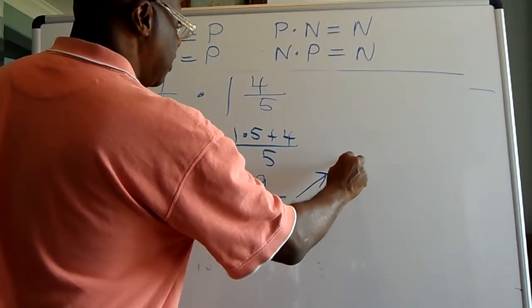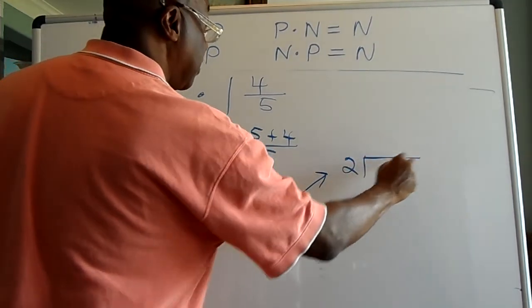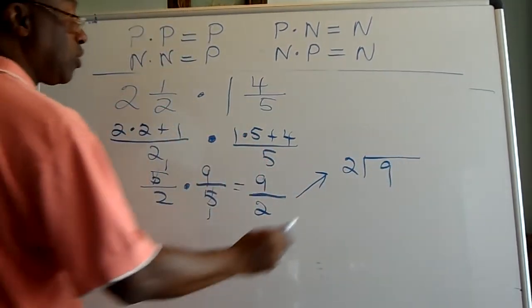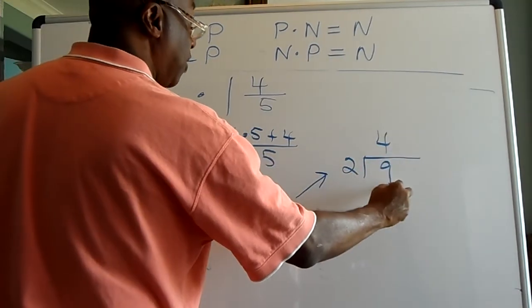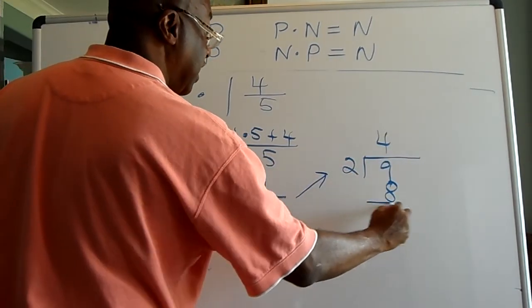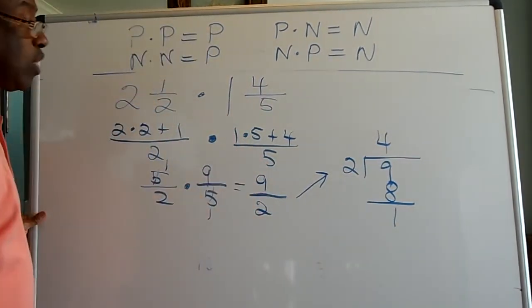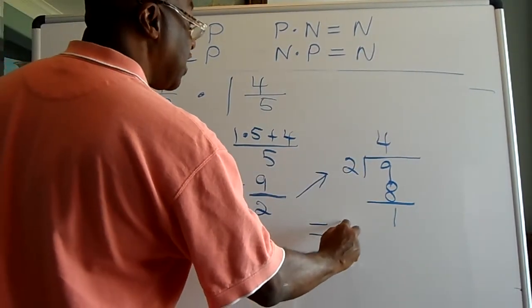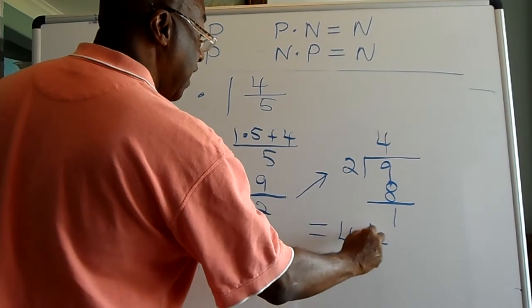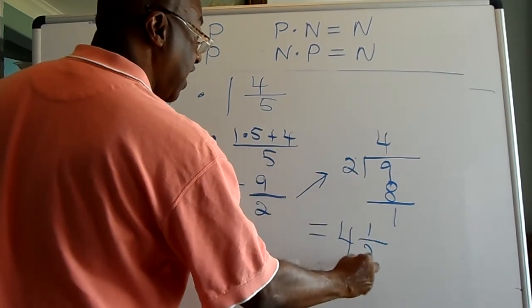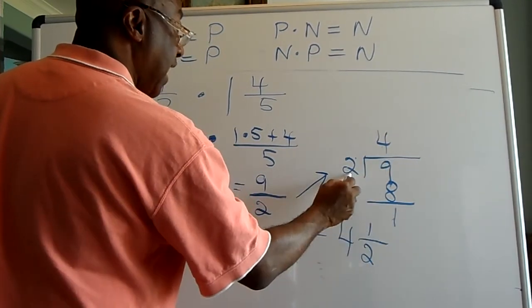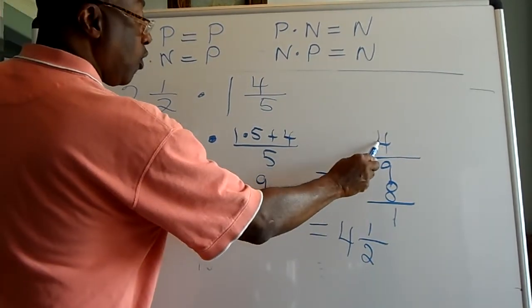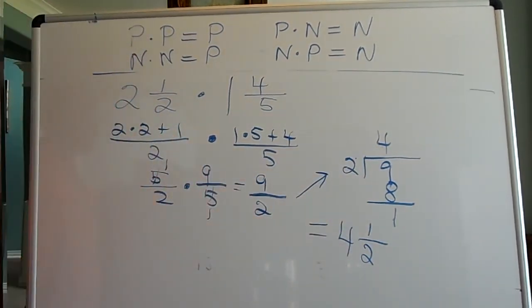So let's divide the denominator into the numerator. 2 goes into 9 4 times, 4 times 2 is 8, with a remainder of 1. So how do we write this answer? The answer is 4, the remainder, over the divisor. 4 1/2. That's how you write that division problem.